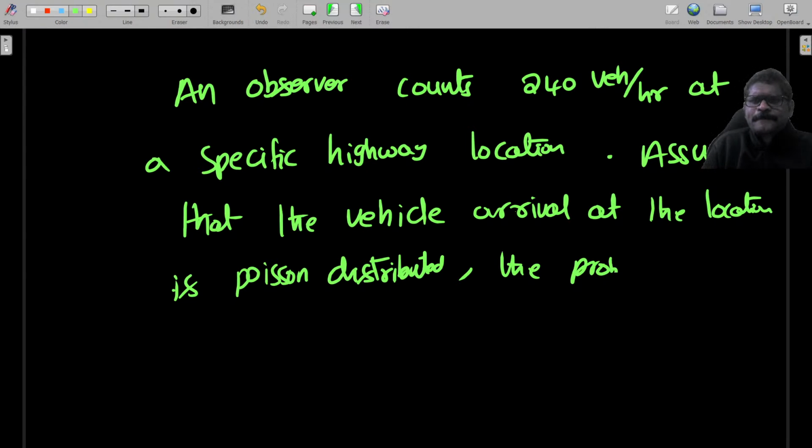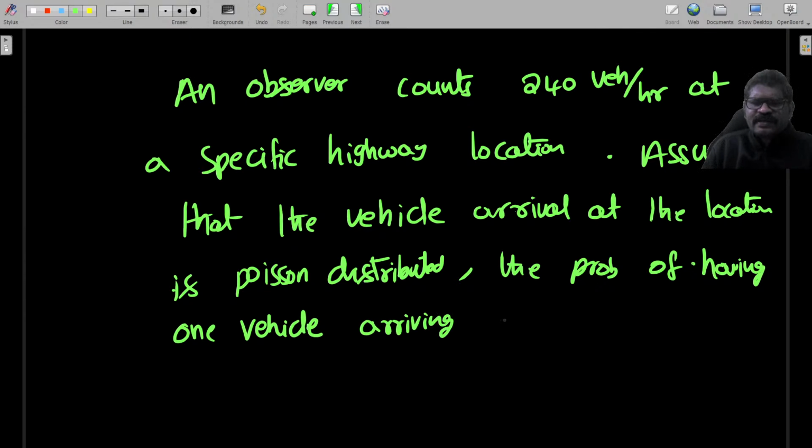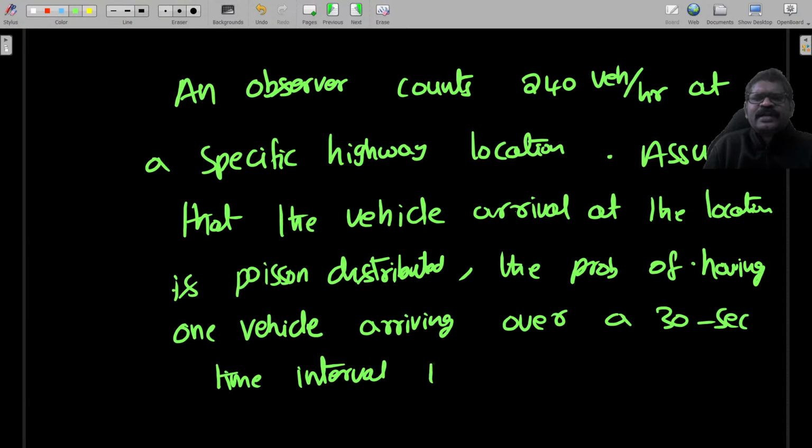The probability of having one vehicle arriving over a 30-second time interval is.